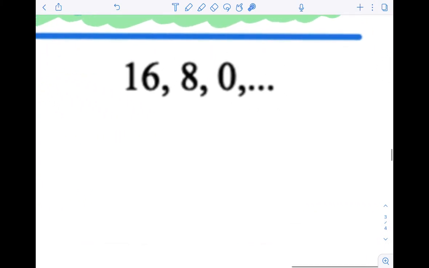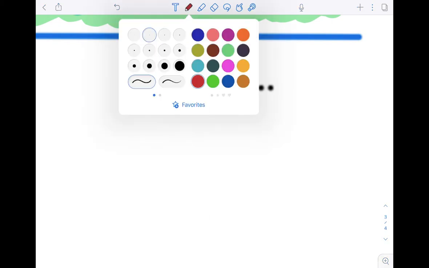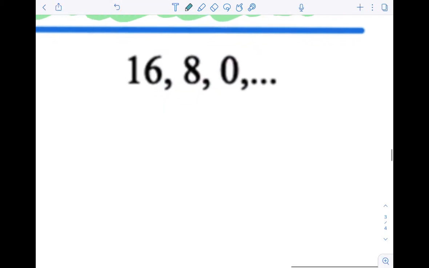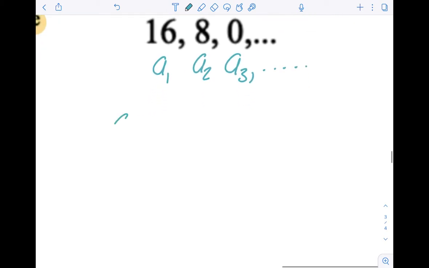Again, let me label our terms. This is our first term. This is our second term. This is our third term, dot, dot, dot. It goes on forever. So let's find our common difference.